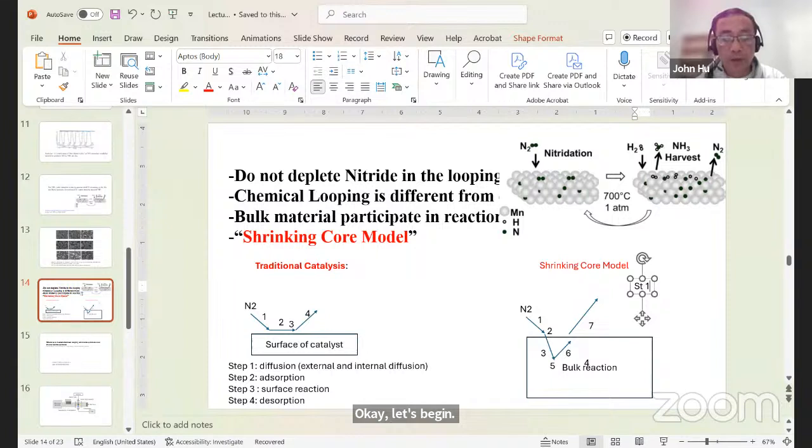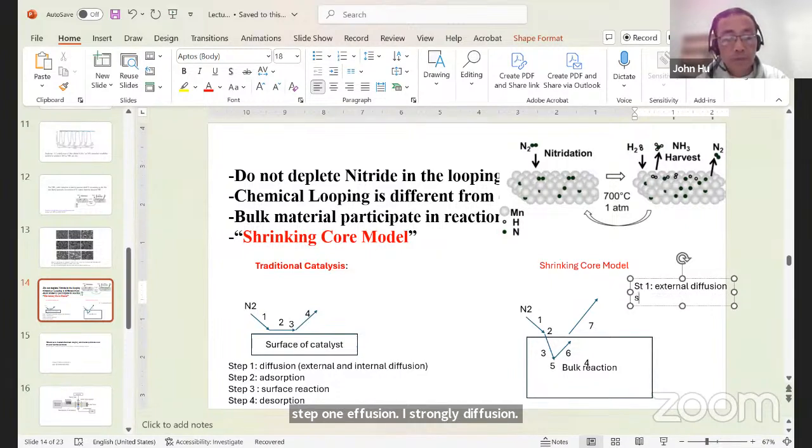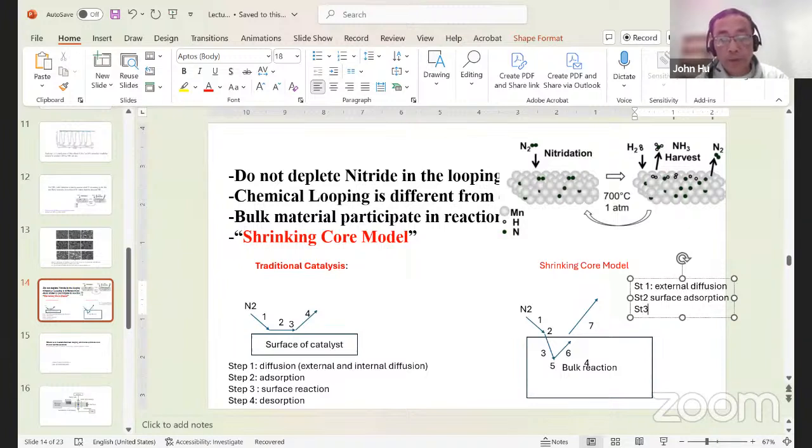ST1 means step 1. Okay, step 1, diffusion, external diffusion. ST3, which is critical.